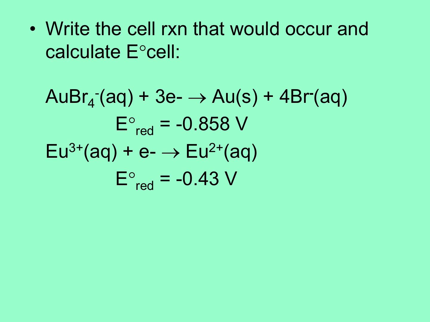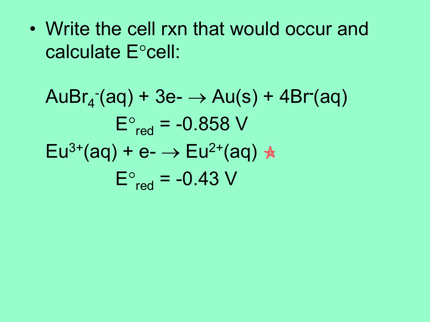When you look at these two reactions, the reduction potential of this one is negative 0.858 volts and the other one is negative 0.43 volts. The one that has a higher reduction potential is the one more likely to occur in a thermodynamically favorable galvanic cell. So this is the equation that's going to occur as the reduction.